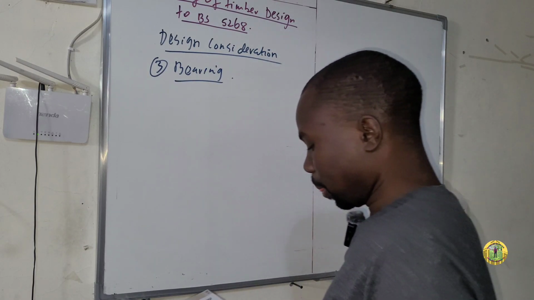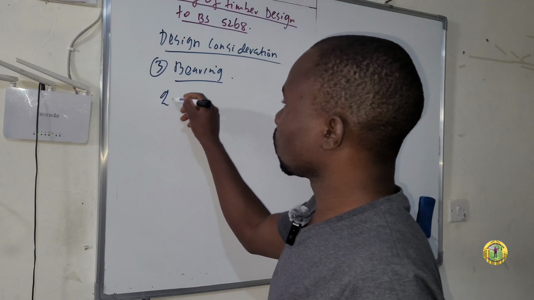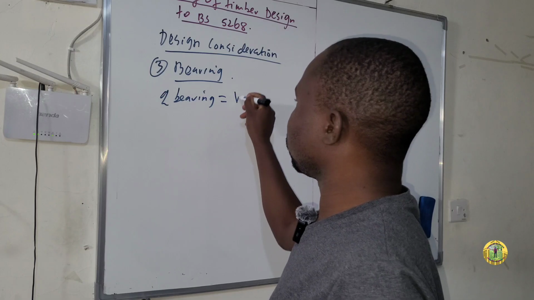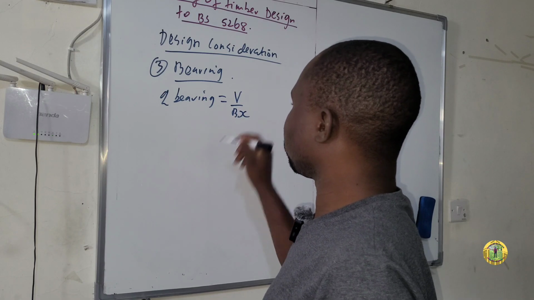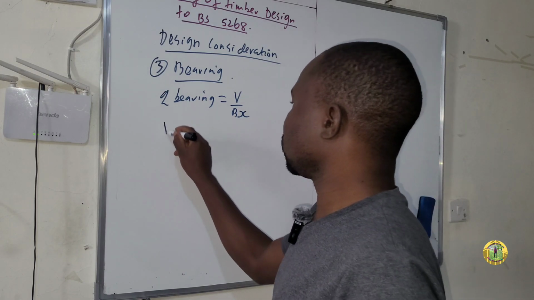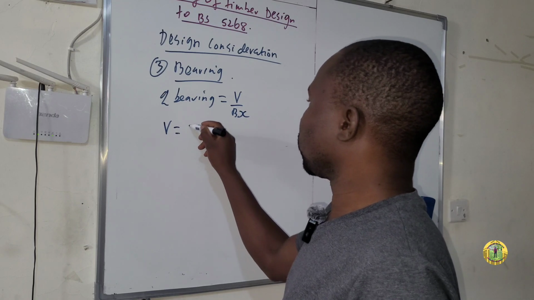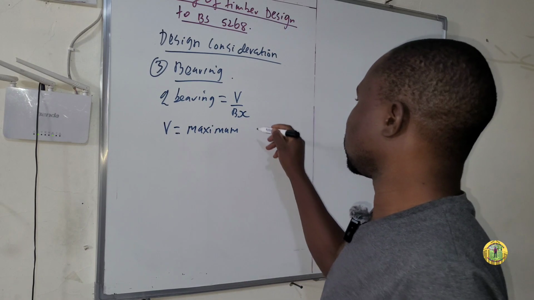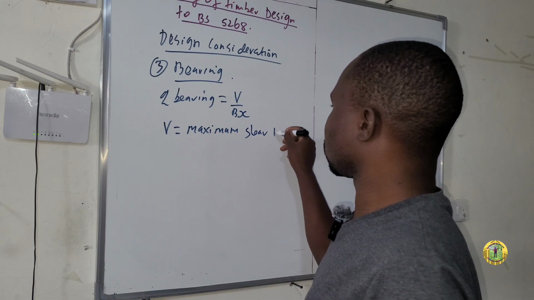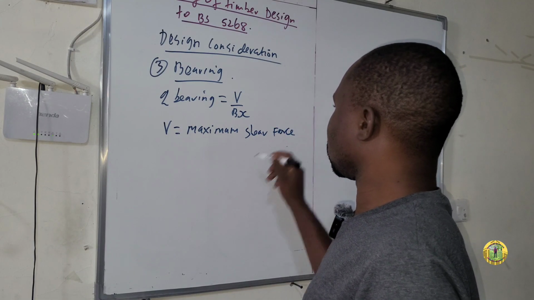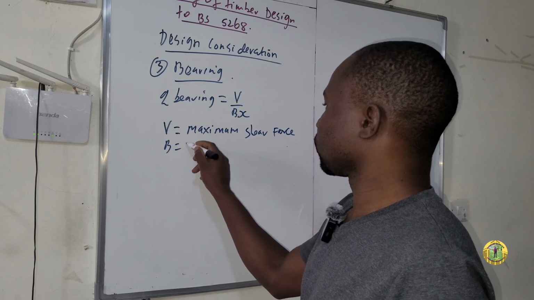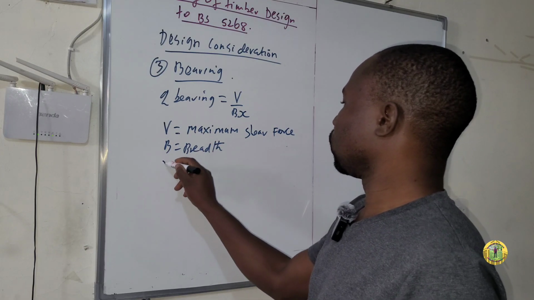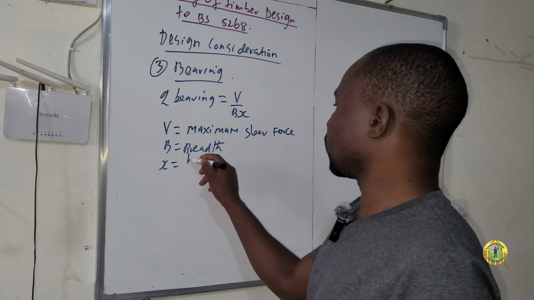For the bearing, Q bearing is given by this formula, V over Bx, whereby V is equal to maximum shear force, and B is the breadth of the section. So X is the bearing distance.